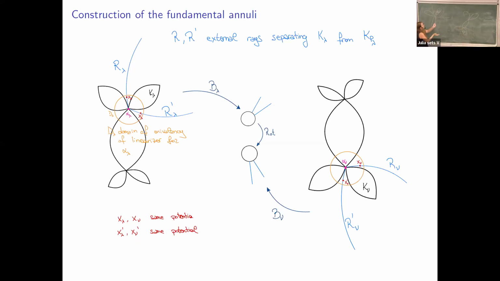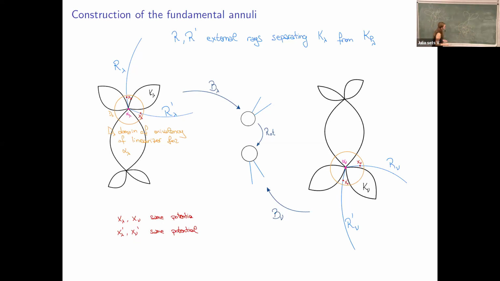So we have a conformal map between these guys and these guys that respects the dynamics. This one was R lambda, and this is R prime lambda. R nu, R prime nu. Then we take a domain of univalency for the alpha fixed point, which is here, for the linearizer of the alpha fixed point. Why? Because we need to make computations at a certain point in life, sadly. We call it D lambda, D nu.